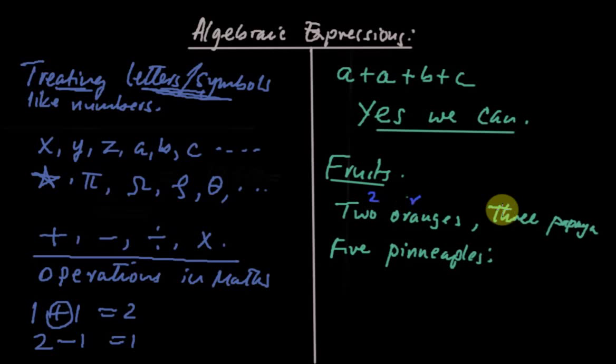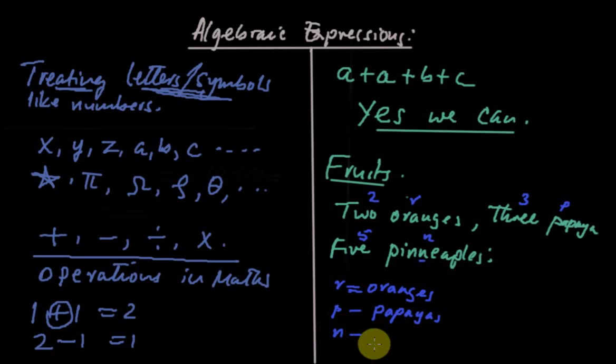These are R. We have three here, but these are P. And then we have 5 here, and we give them N. These are N. So we say R represents oranges, P represents papaya, and N represents pineapples.